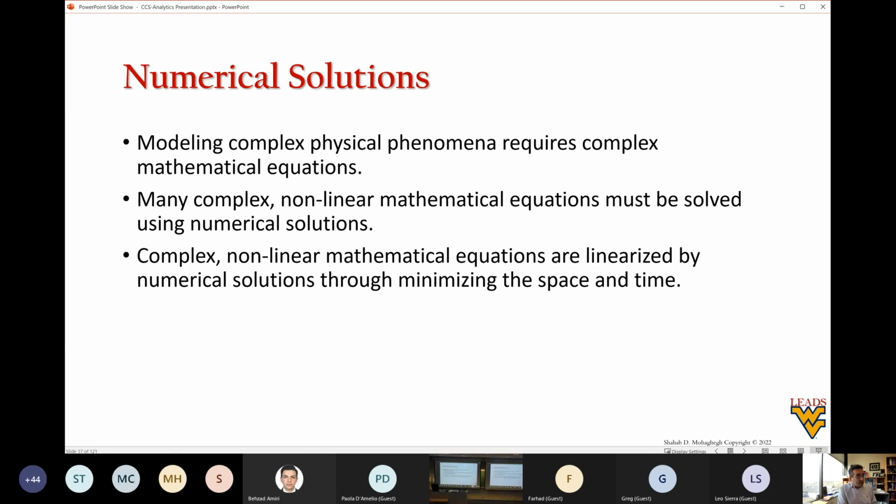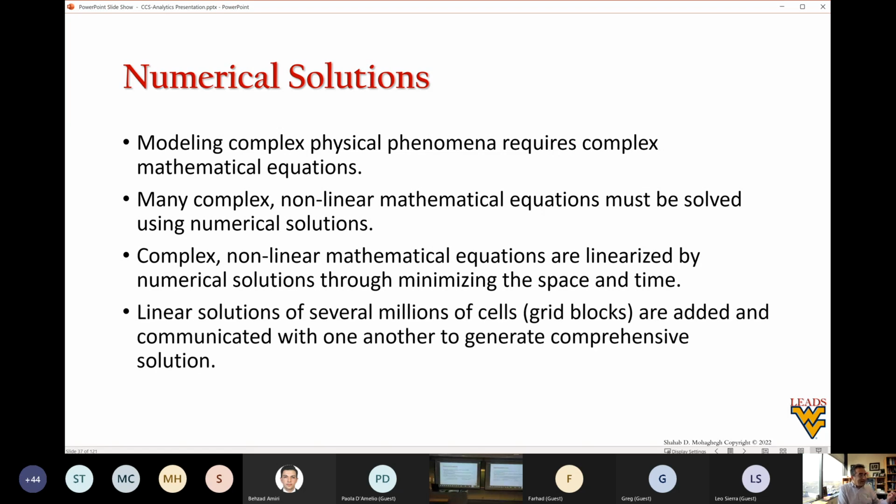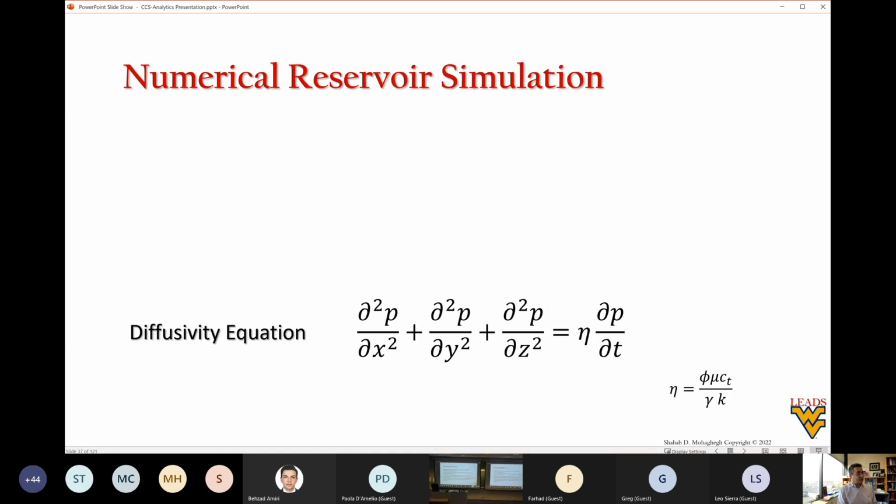Complex nonlinear mathematical equations are linearized by numerical solutions through minimizing the space and time, and linear solutions of several millions of cells or grid blocks are then added together, and they're communicated with one another, to generate a comprehensive solution.